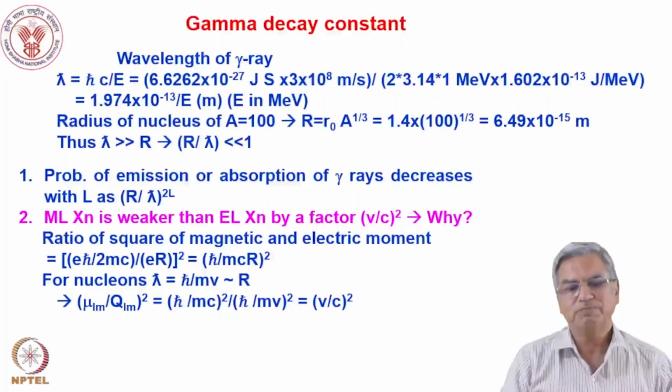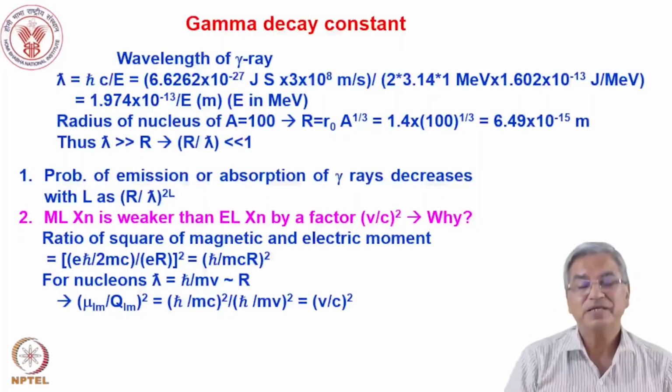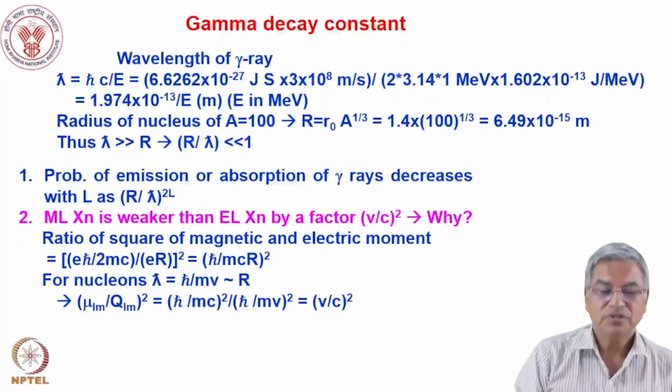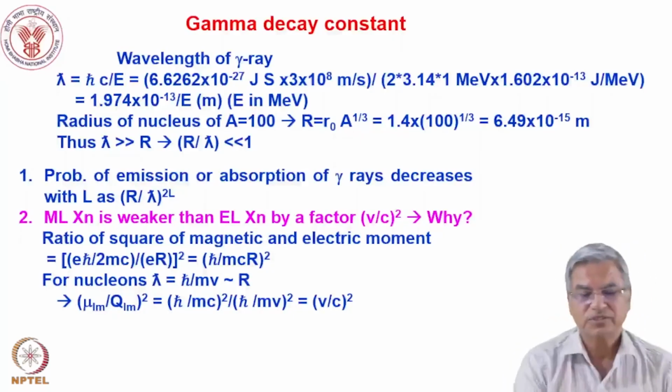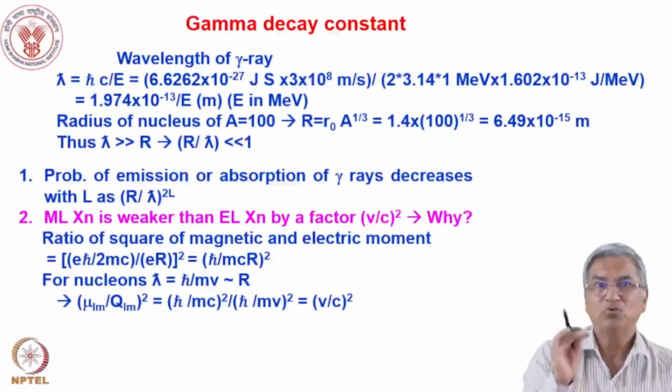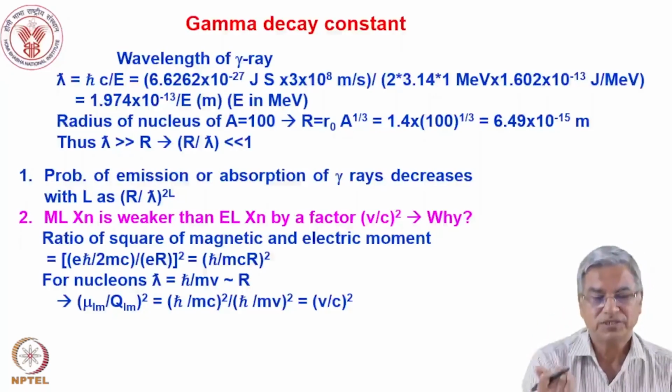Now let's come to the second part: how to predict the decay constant for a gamma decay. Essentially we will discuss what is actually happening when there is a gamma decay. Say a nucleon is getting a transition from one state to another state.